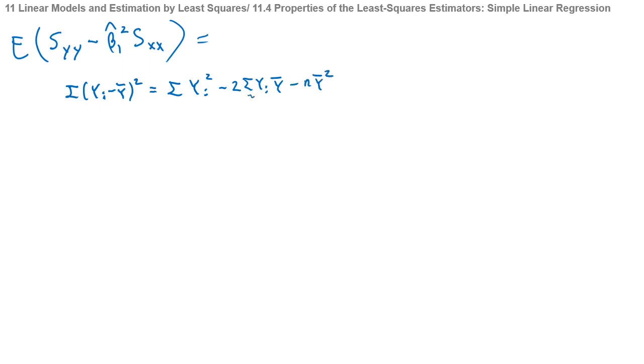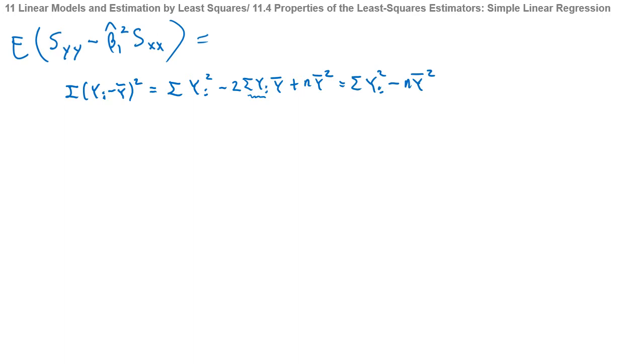Since the sum of yi is n times y bar, this becomes the sum of yi squared minus n y bar squared.